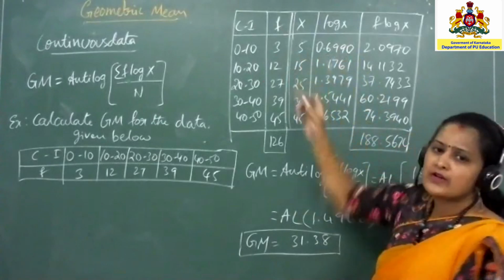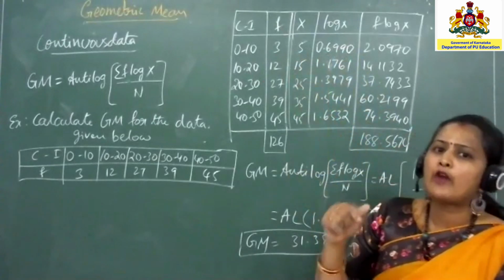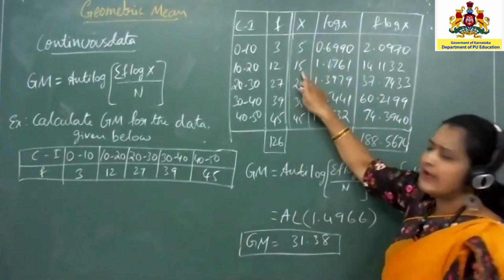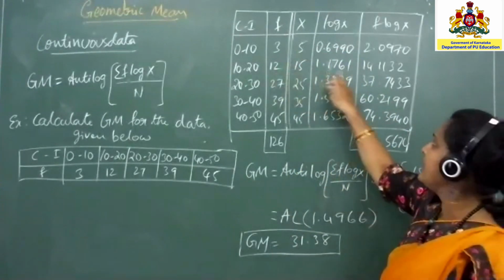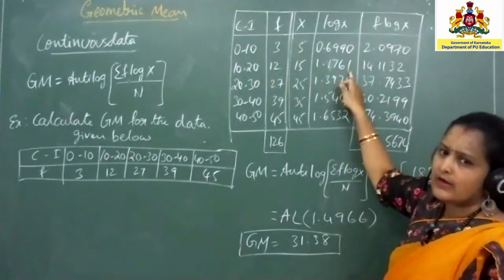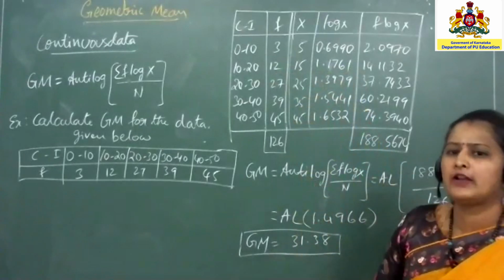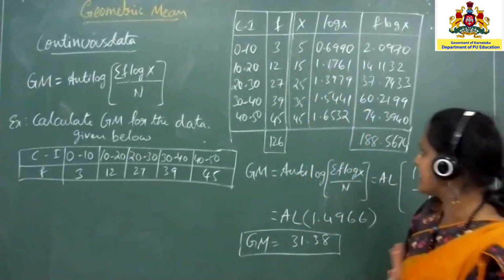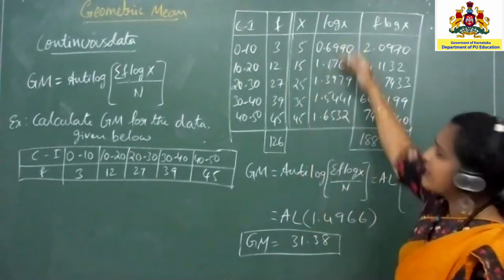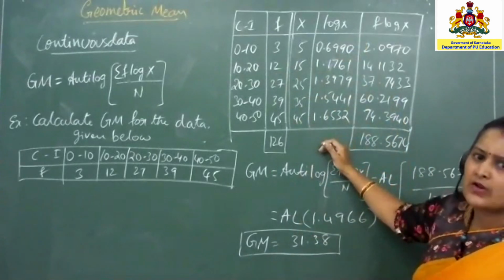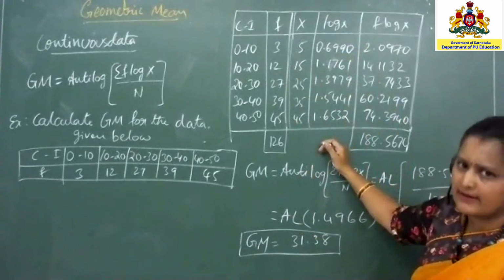Then for 15, because you have 2 digits, you write 1 point, and then check 15 under 0 and write the value. Otherwise, use log 5 in a scientific calculator and write the value directly. Either way is fine. So you have written log x like this, found from the logarithm tables.